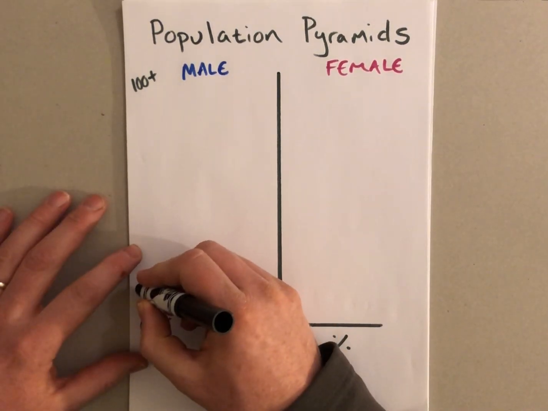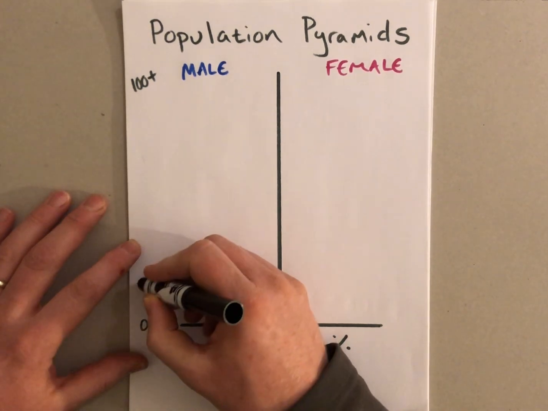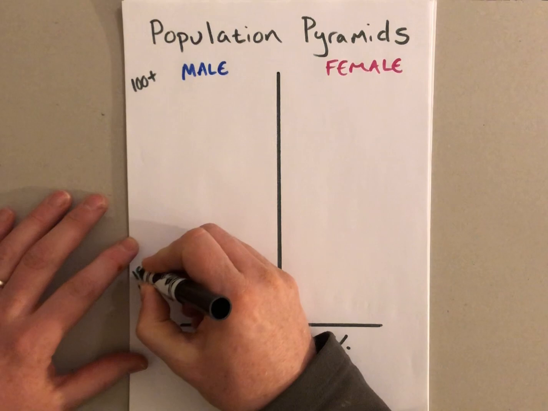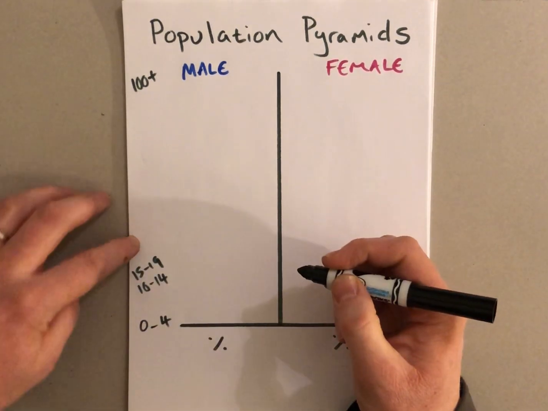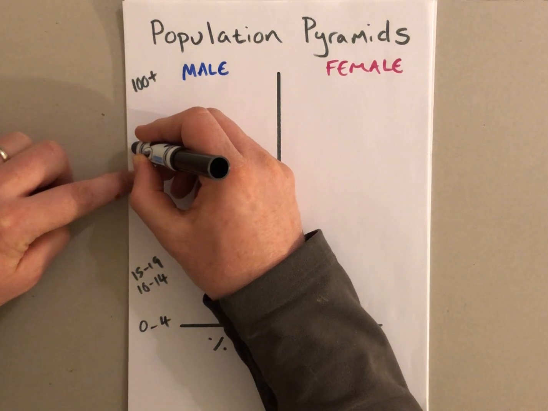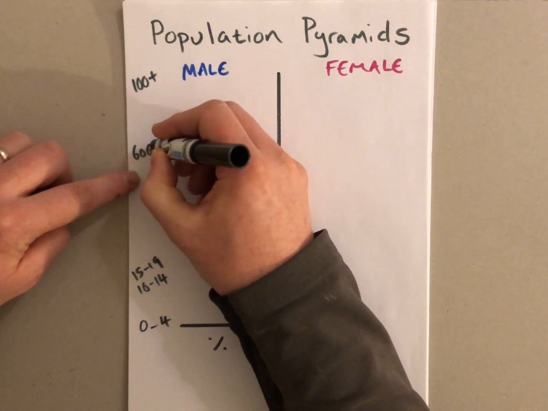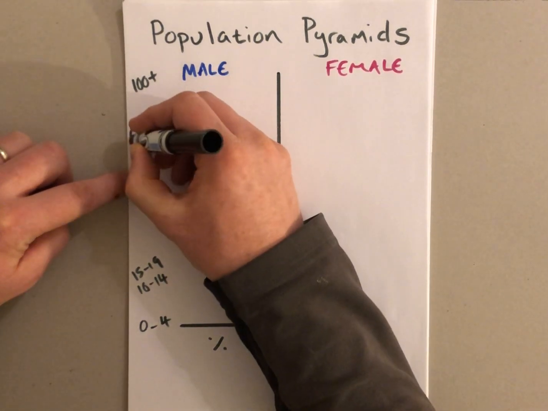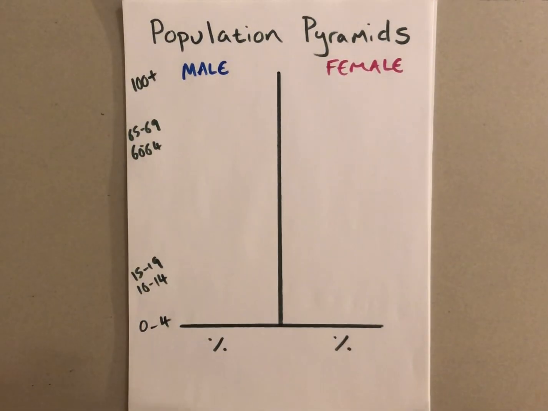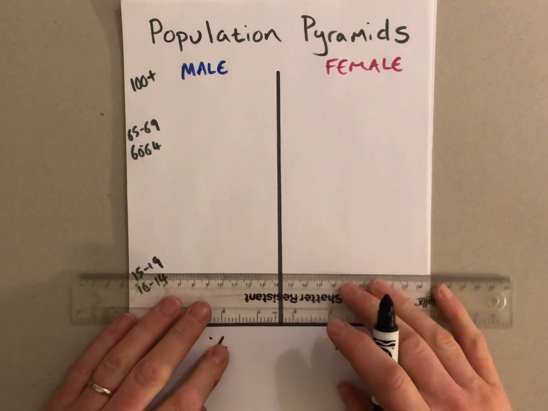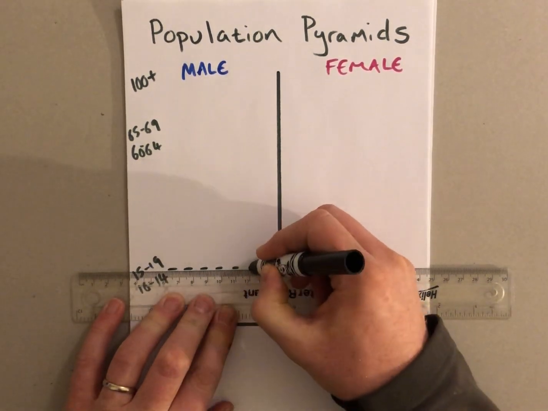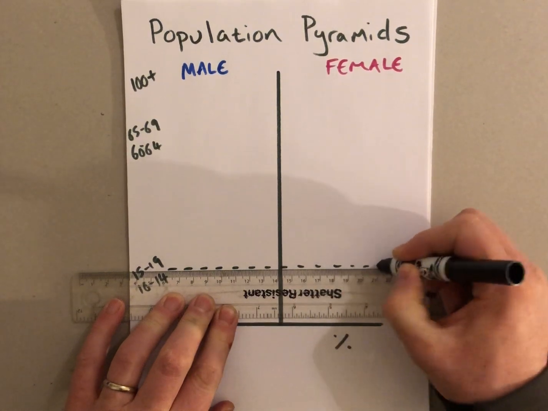So the first one is between 0 to 4 years old, and 10 to 14, 15 to 19 is our first age group. And then when we get to 60 to 64 and 65 to 69. So those ages are what we then call, so we'll split our graph up like that.